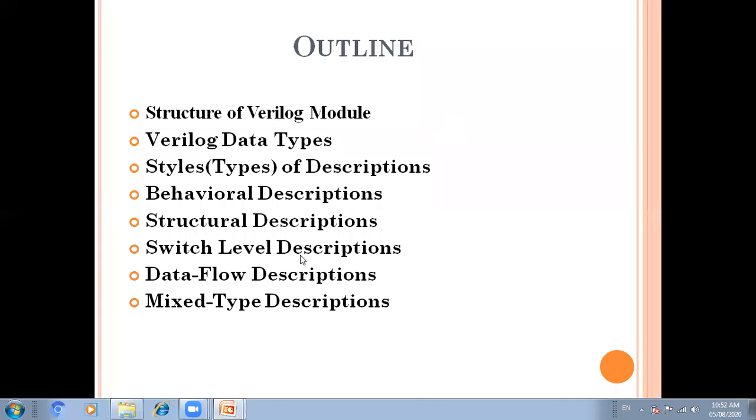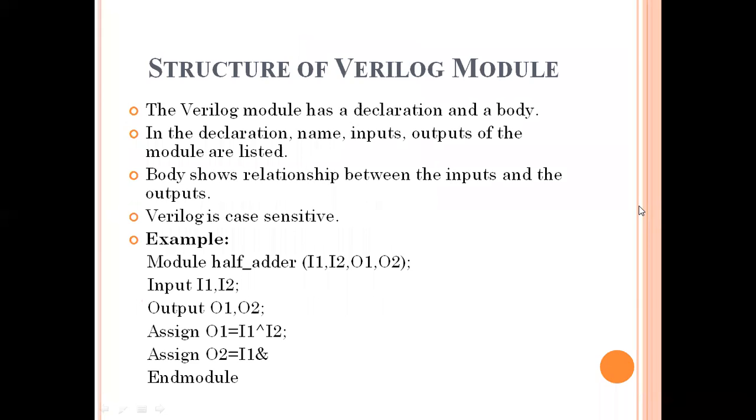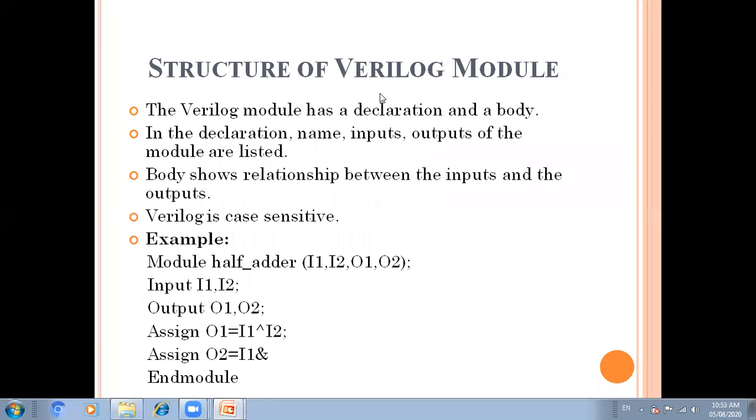Okay, so now here we will continue with Verilog. First we will understand the structure of Verilog. Before going to the structure of the Verilog module, we will understand the short history of Verilog. Verilog is a hardware description language. The full form of Verilog is verify logic.